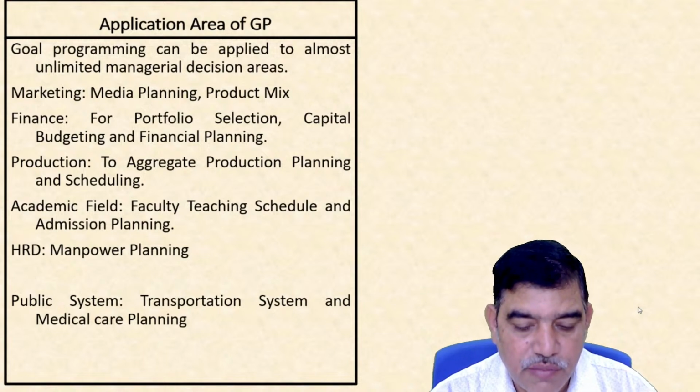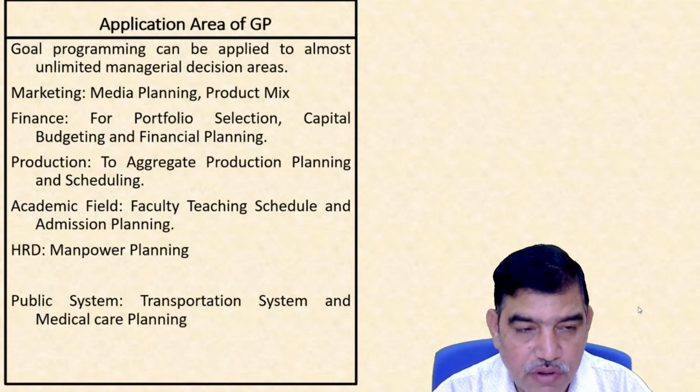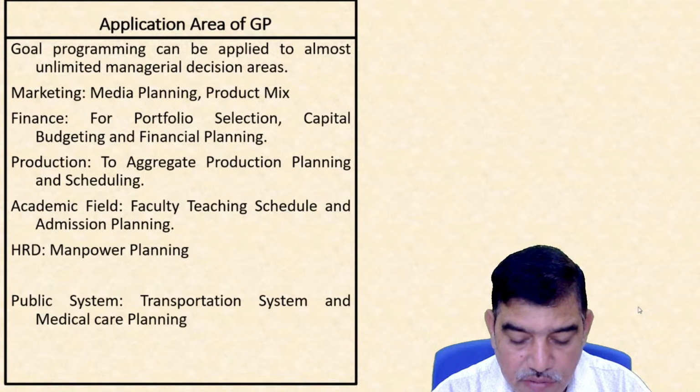Let us consider one more example. The manager of the only record shop in a town has a decision problem that involves multiple goals. The record shop employs 5 full-time and 4 part-time salesmen. The normal working hours per month for a full-time salesman and a part-time salesman are 160 hours and 80 hours respectively.